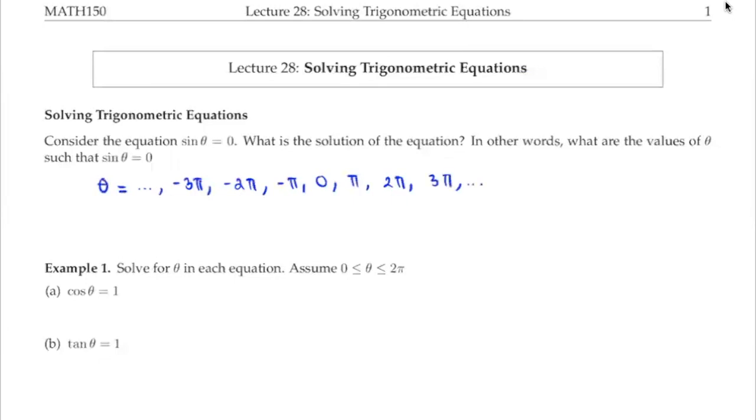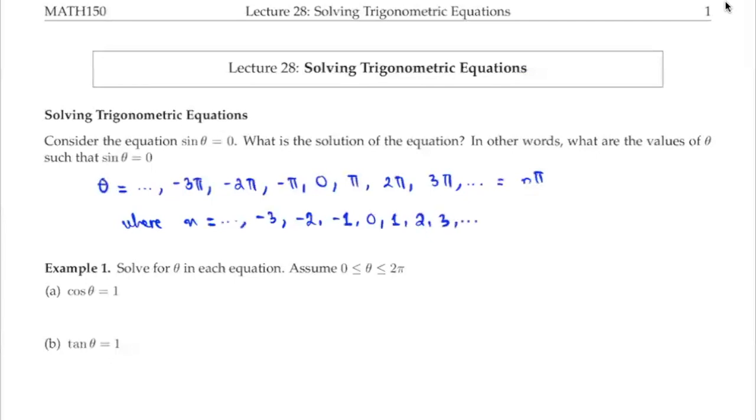So the conclusion is that the solution is theta equal to n pi, where n can be equal to negative 3, negative 2, negative 1, 0, 1, 2, 3, and so on.